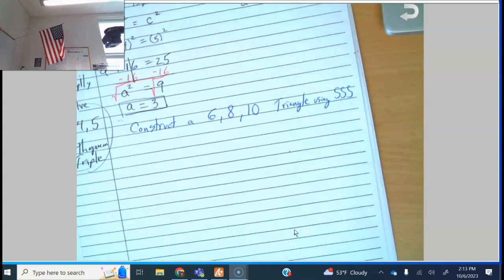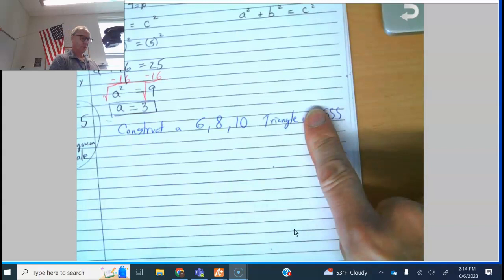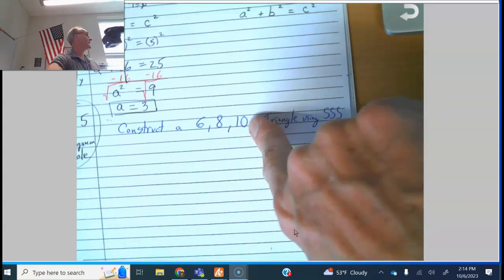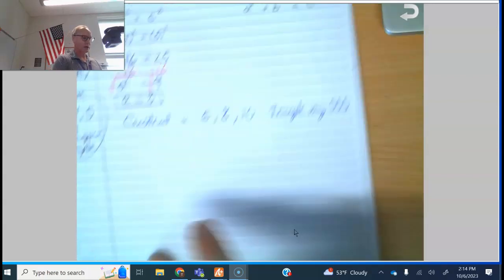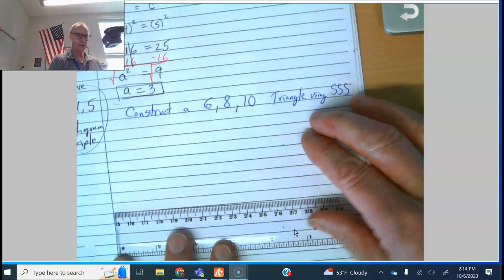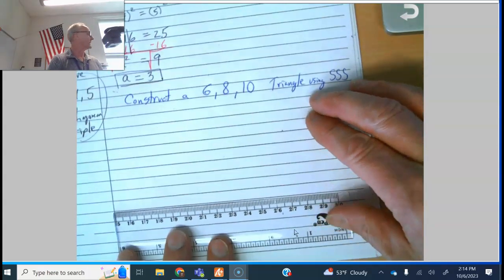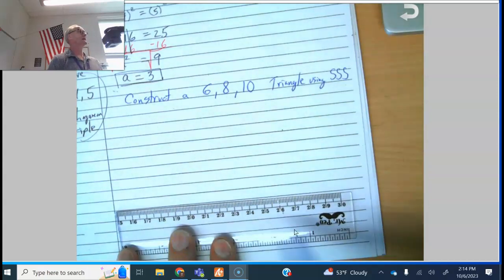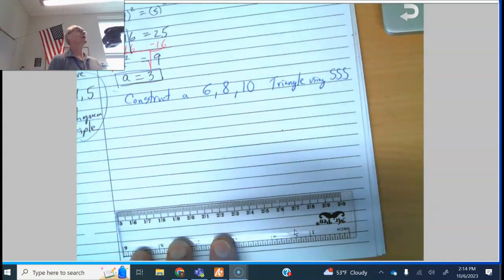We don't know any angles, and we don't have to know any angles. All we have to do is make our three sides. And we're always going to start with the longest side. So if everybody would draw a segment 10 centimeters long, most of the way down your paper, like right about here, maybe here, make it 10 centimeters long. Now you'll notice that mine is the second half of the ruler.